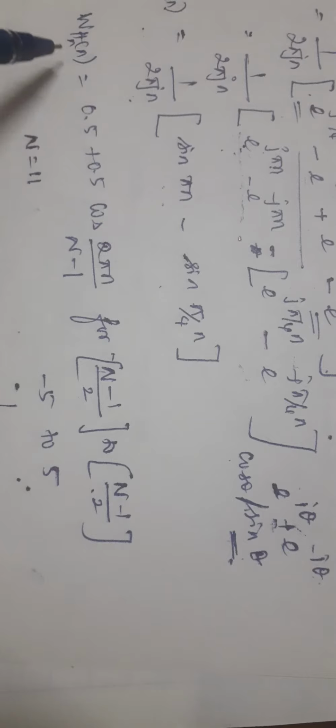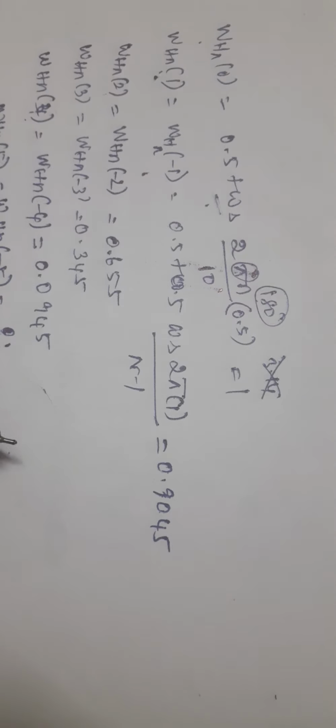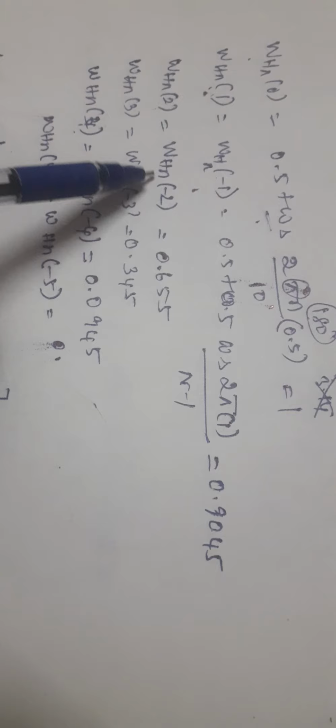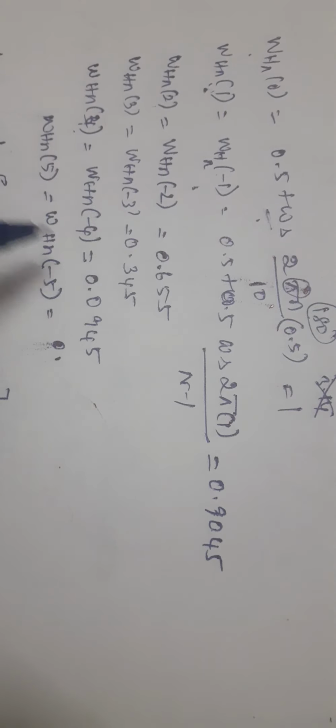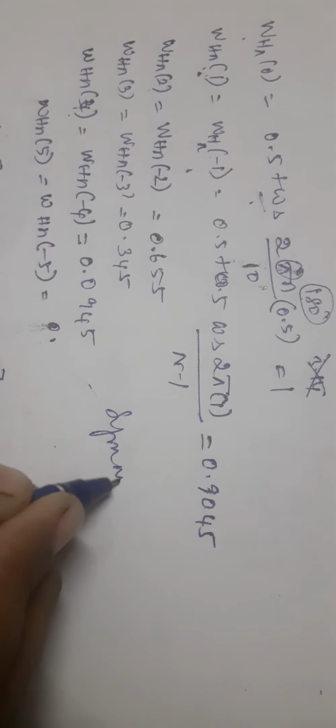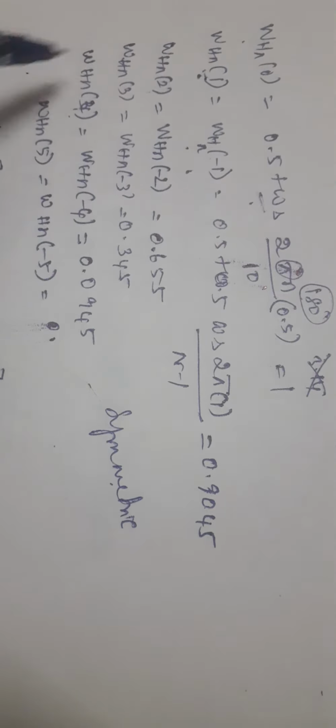Then they have asked for the Hanning window. So the Hanning window formula is here. After solving this, you will get the Hanning values for minus 1 and plus 1, 2, 3, 4, 5. Since the window is symmetric, the minus 1 and plus 1 values are the same.